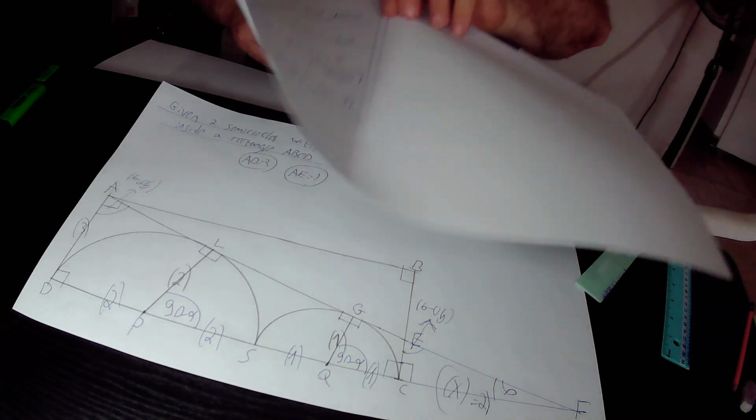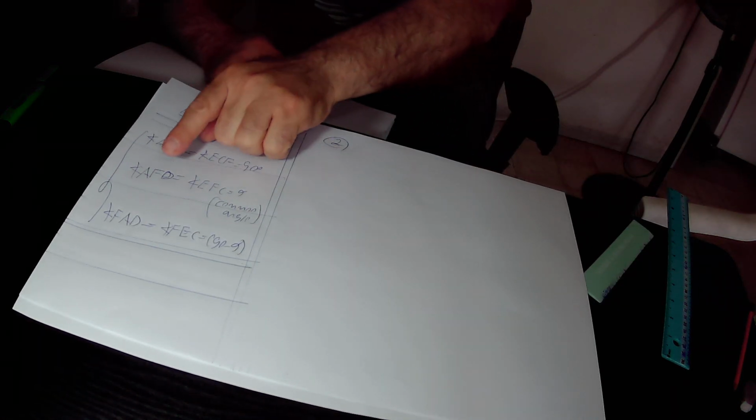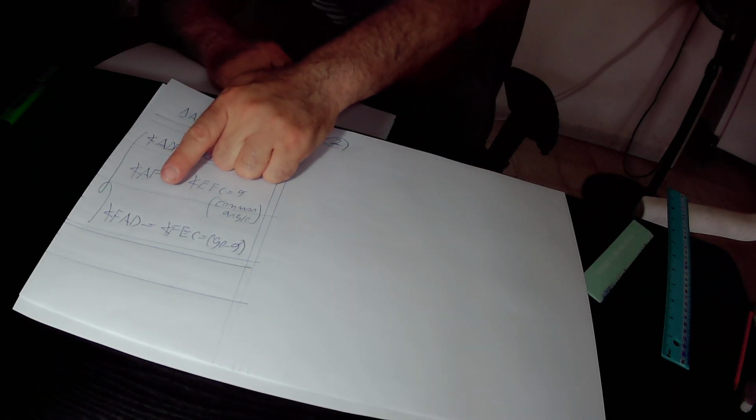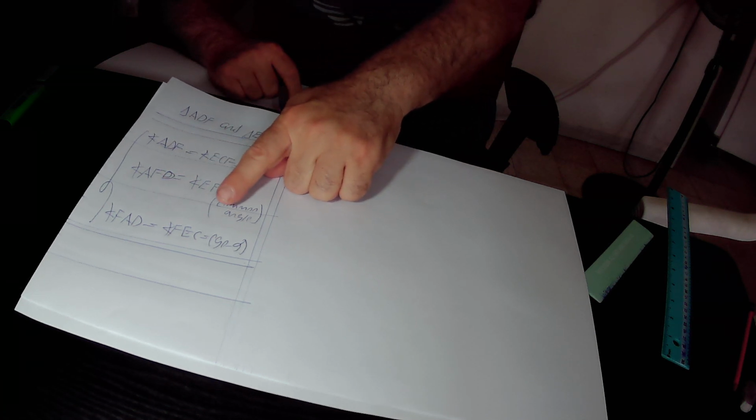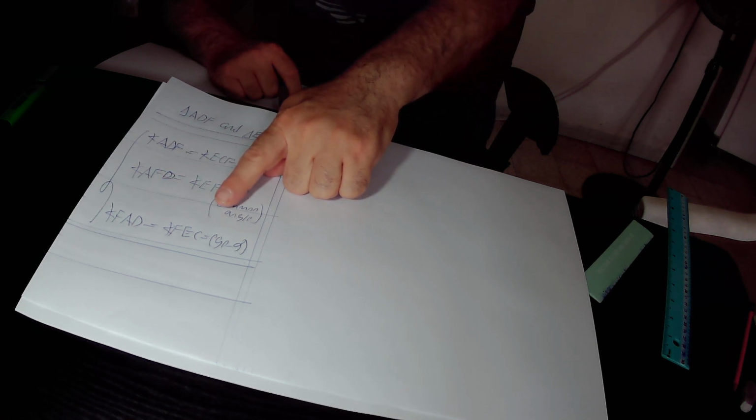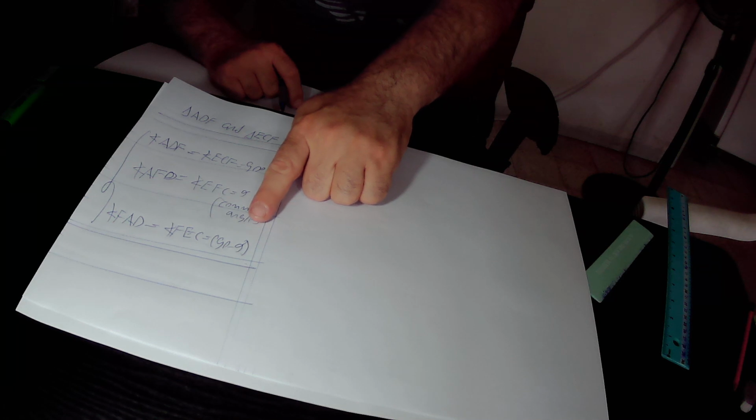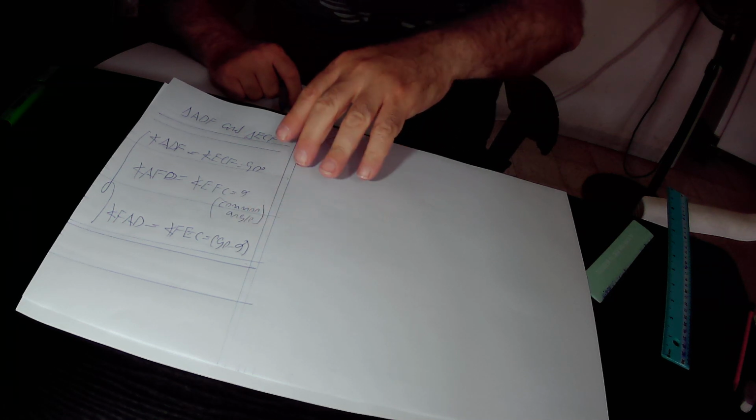So I found out that angle FAD in the big right triangle ADF equals angle FEC in the small right triangle ECF.